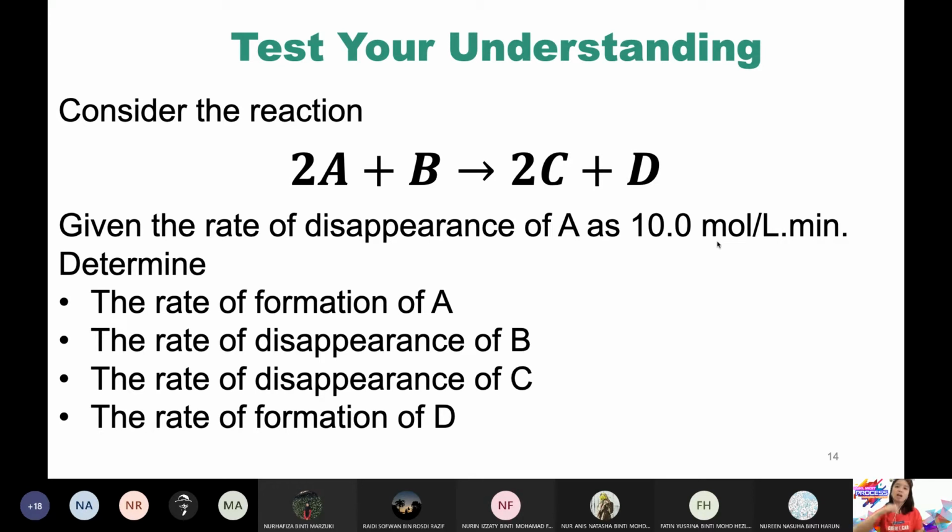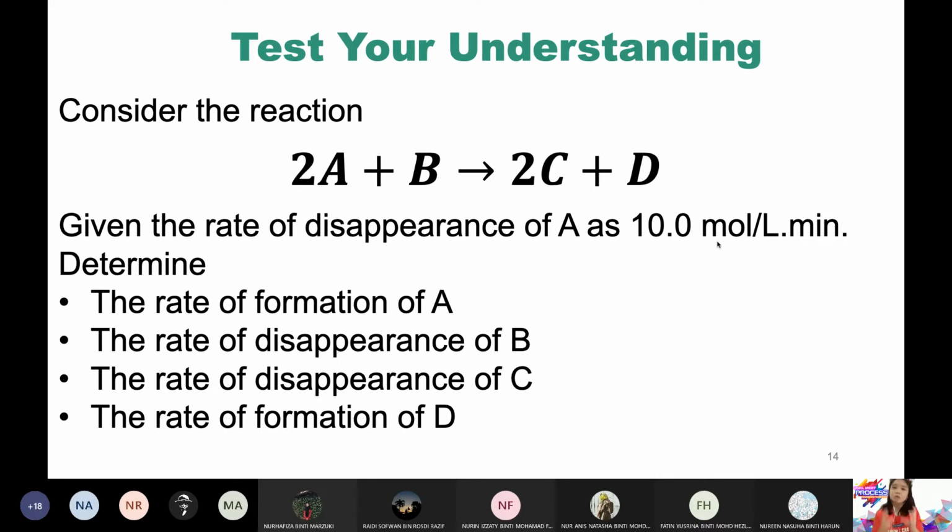Means katakan awal kamu bekalkan 100 mole per liter of A. Setiap 1 minit dia akan kurang 10. So 100 in 1 minute, 100 become 90, next minute become 80, next minute 70, so on and so forth. Itu berapa kehilangan kepekatan dia terhadap masa.